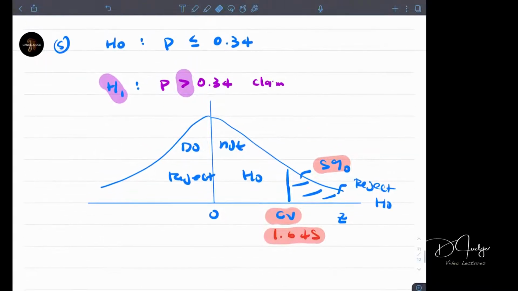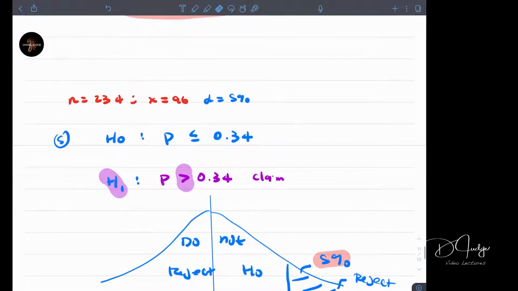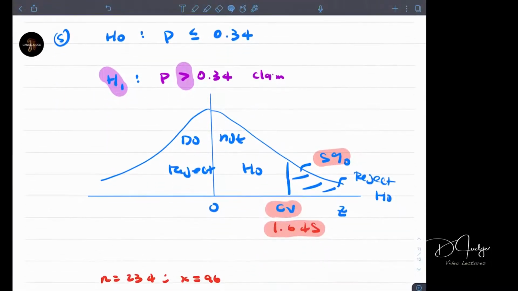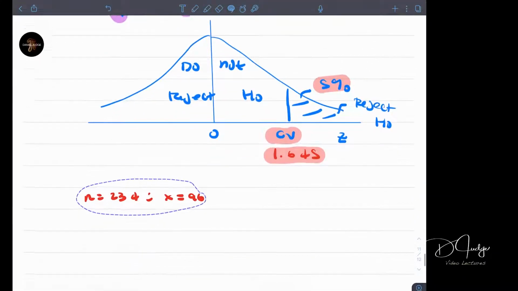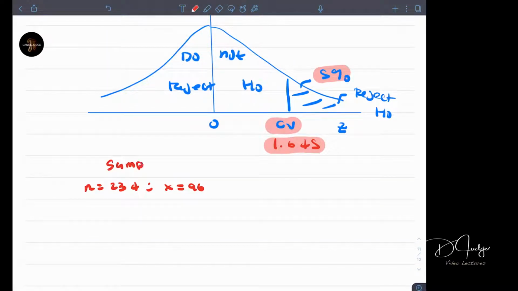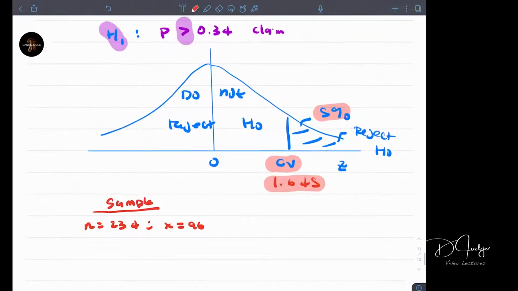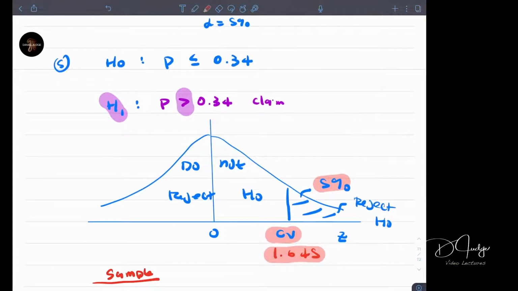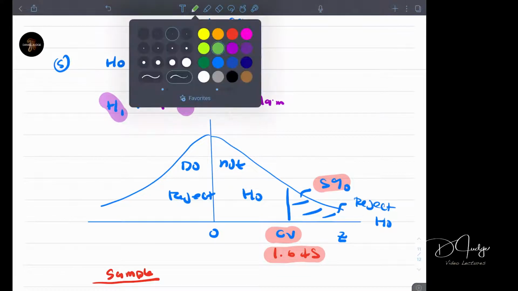Now, what comes next, ladies and gentlemen? Sample information. Here's my sample information. You go out and you take your sample. There it is. We need P naught. This is our P naught, 34%. Here's P naught.